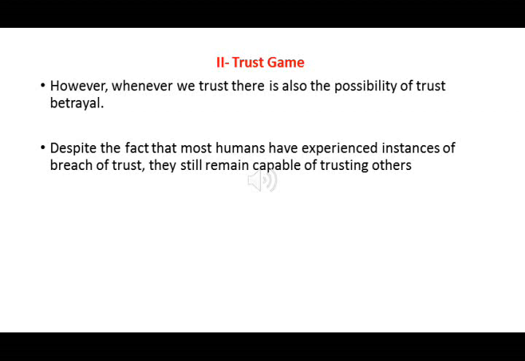We should be aware that whenever we trust each other, there could be a possibility or a probability that others betray our trust. However, despite the fact that most humans have experienced instances of breach of trust, they still remain capable of trusting others.